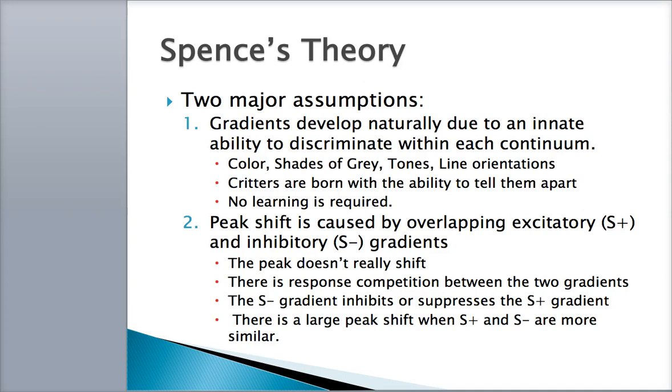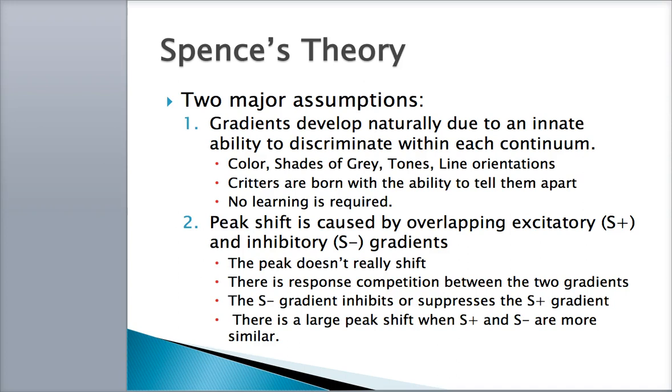He also stated that peak shift is caused by overlapping excitatory and inhibitory gradients. The excitatory gradients centered on the S plus and the inhibitory gradients centered on the S minus. And so he argued that peak shift isn't even really a shift. It's really the result of response competition between these two overlapping gradients.